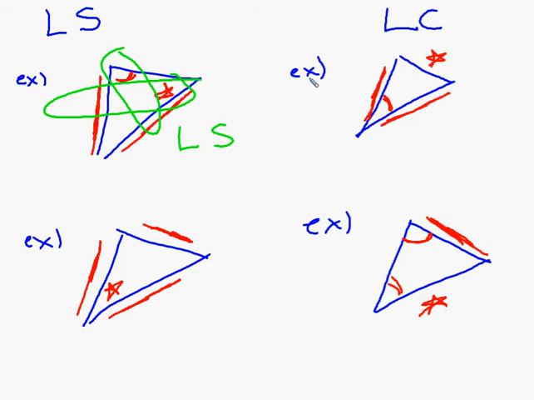Alright, the second one, what do you think that is? Law of cosines. Because whenever I have a side angle side setup, whenever I have this deal, that's going to be a law of cosines. Alright? This one.